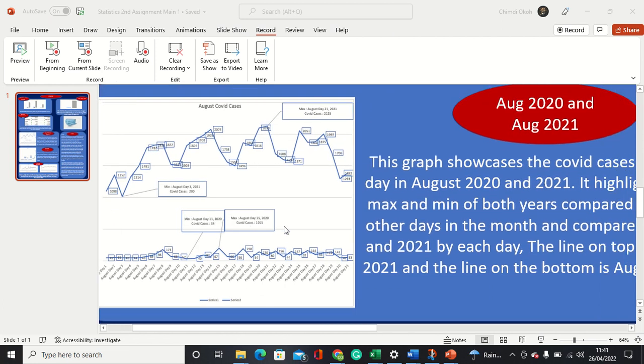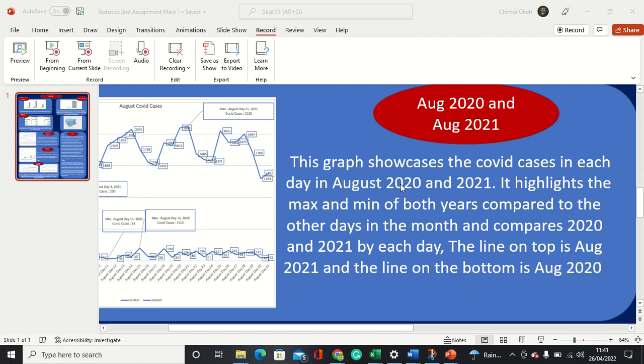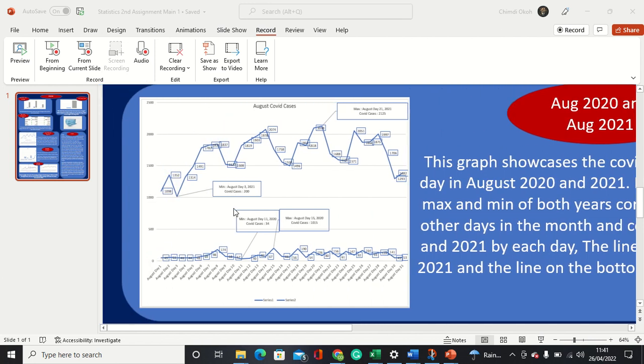And this graph here showcases the COVID cases in each day in August 2020 and 2021. It highlights the max and the min of both years compared to the other days in the month and compares 2020 and 2021 by each day. This line here on top is 2021, while the line here on the bottom is 2020.